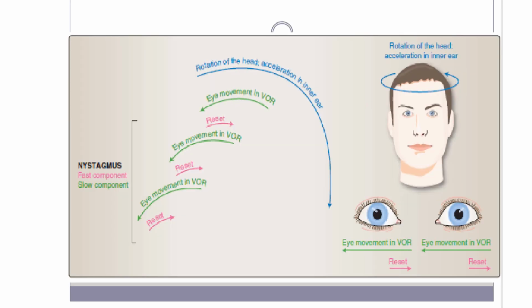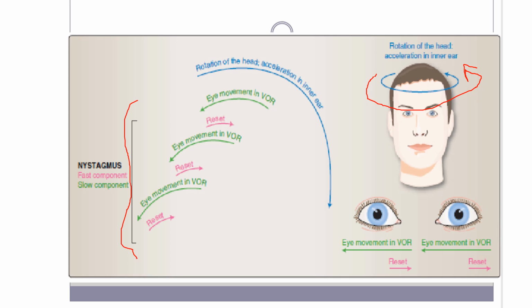Another picture here for us. So I'll get my red marker here. Nystagmus, fast component and slow component. You can see the slow is in green and the fast is in pink. And then what's going on over here? He's rotating his head, so acceleration of the inner ear. And he's going this way here.